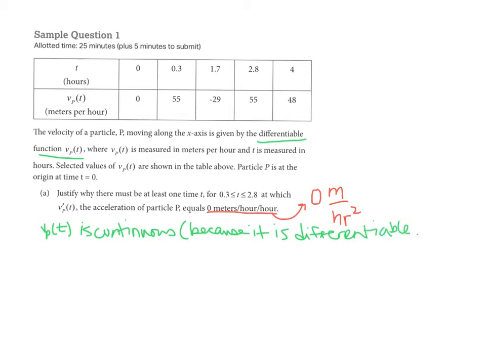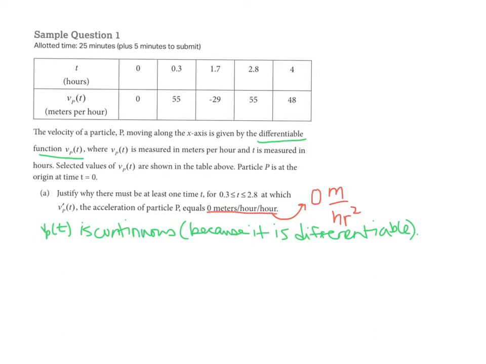The second thing I'm going to do is use the mean value theorem. The mean value theorem says that if you find the average rate of change over an interval, the derivative somewhere in that interval is going to be equal to the average rate of change.